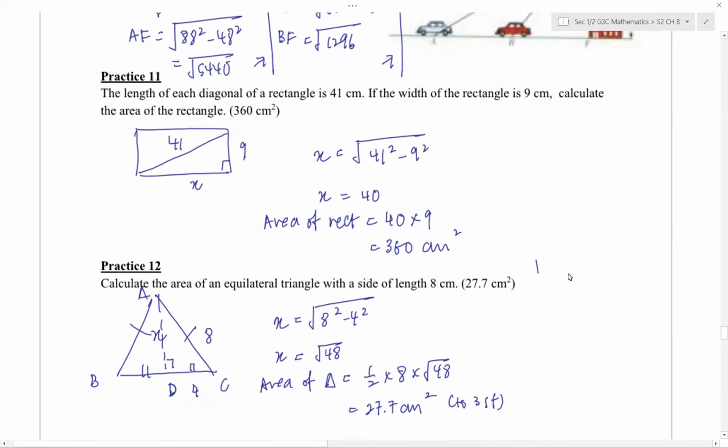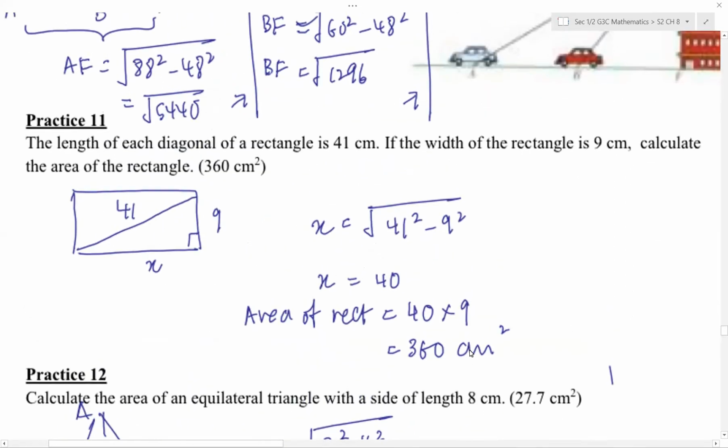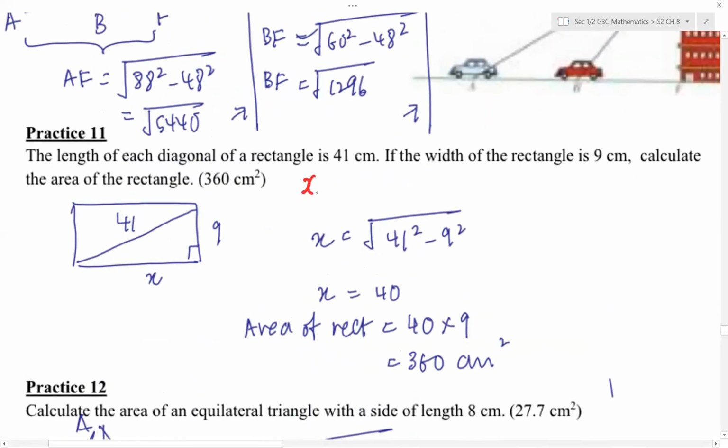So you see this over here is a variation. Basically, there are 2 steps that are skipped. By right, we should be starting off with x squared plus 9 squared equals 41 squared. And then after that you have x squared equals 41 squared minus 9 squared.